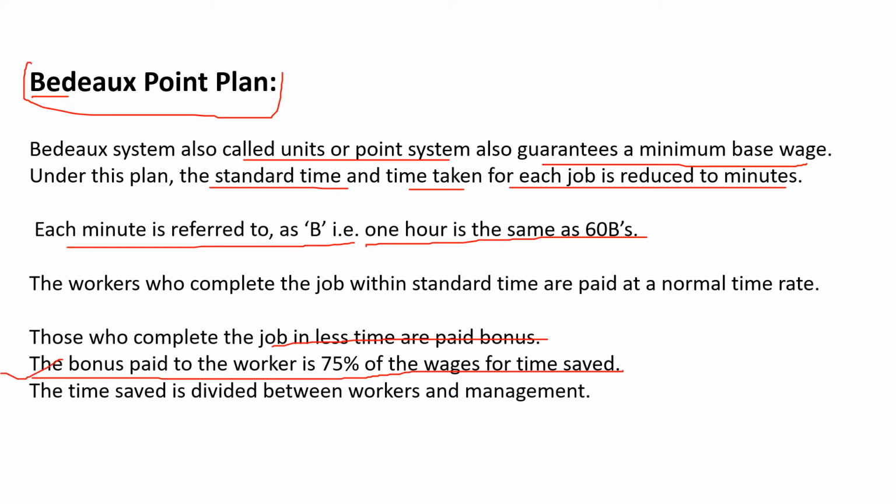The time saved is divided between worker and the management. Like if he has saved 2 hours, he will be paid 75% as bonus, then obviously the management is going to take 25%.